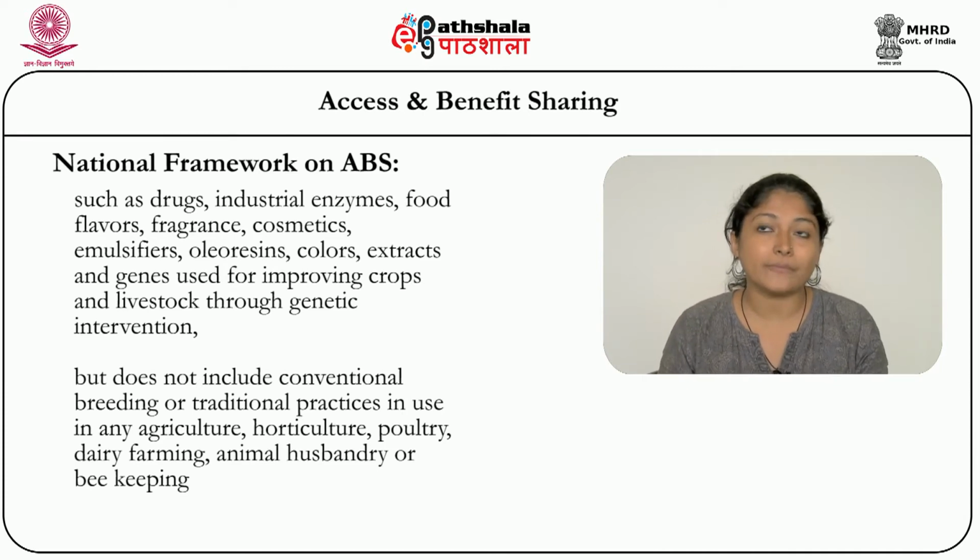So, for instance, if a company from a foreign country, say England, is coming here, and the company wants to use a particular biological resource, say neem, for a particular purpose, that is to make an insecticide, because in the traditional knowledge there is enough literature saying that neem is effective as an insecticide or has other properties.